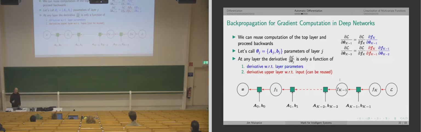This is the derivative of the node fk with respect to its inputs, so the derivative of the upper layer with respect to the inputs, times the derivative of the fk minus 1 layer with respect to its parameters.